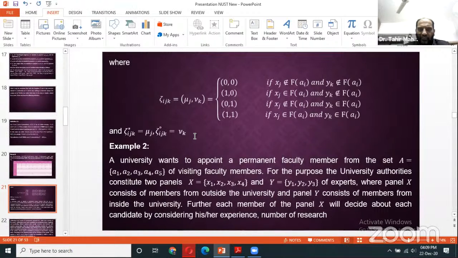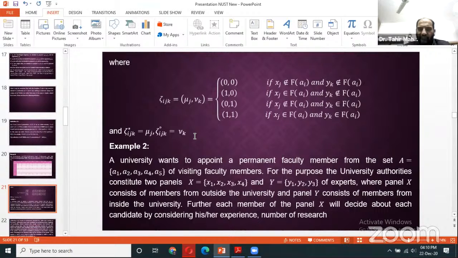A university wants to appoint a permanent faculty member from the set A of visiting faculty members. For the purpose, the university authorities constitute two panels, X and Y, of experts, where panel X consists of members from outside the university and panel Y consists of members from inside the university.